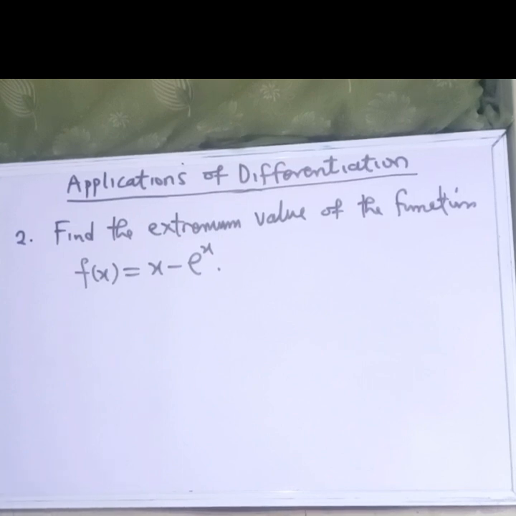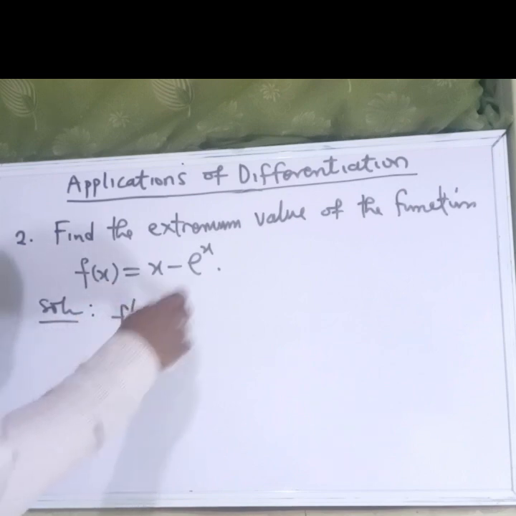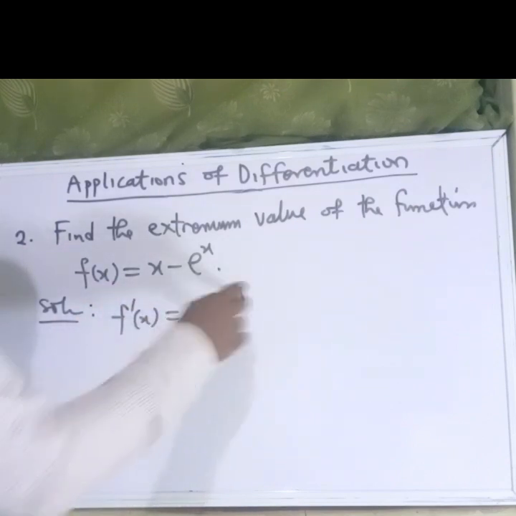So again, we will apply the theorem for finding the critical number of a function like this, after which we will apply the first derivative test to check whether this is either a maximum or minimum. Okay, so solution. By applying the theorem, if you find the first derivative for this, it is 1 minus exponential x.